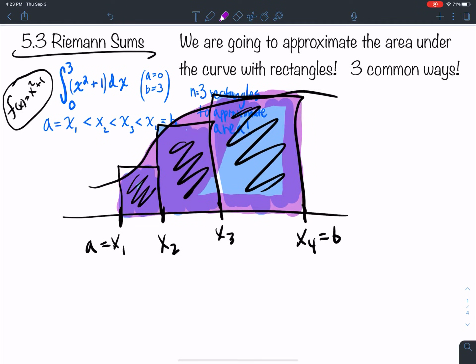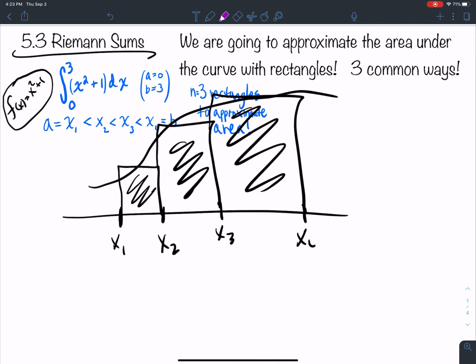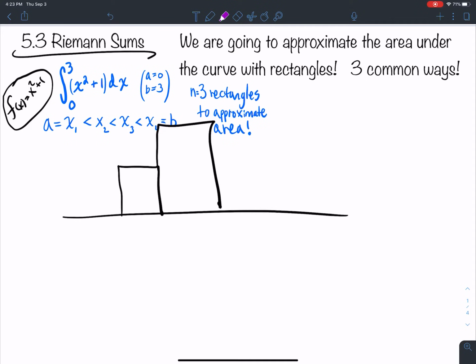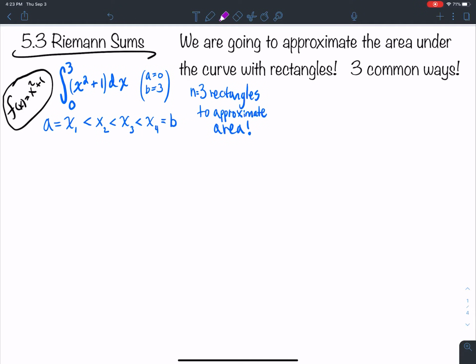So if you're going to use 3 rectangles, you need 4 values to partition your interval, and that's what these 4 x values are.